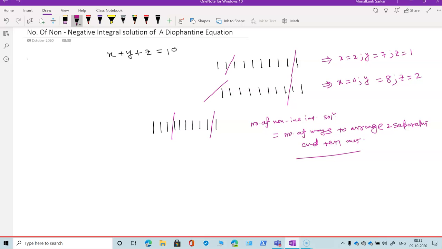Okay. So here the number of arrangements is going to be equal to, how many are there? 10 plus 2, 12. Okay. And their repetition is there.